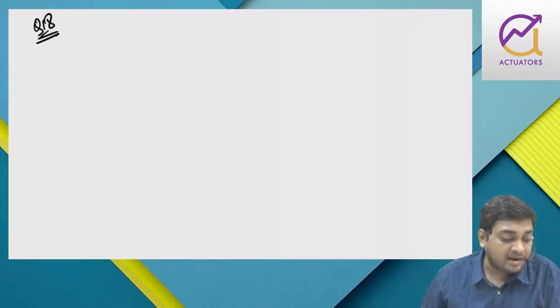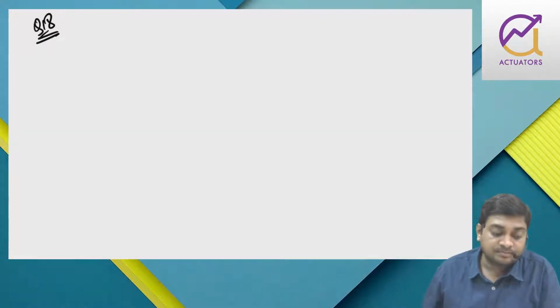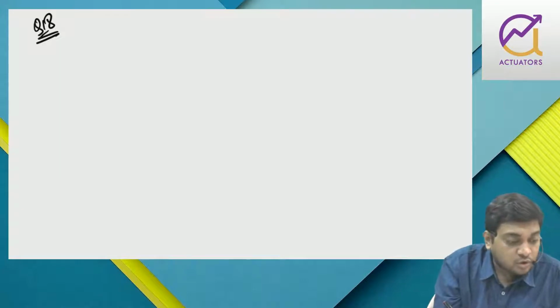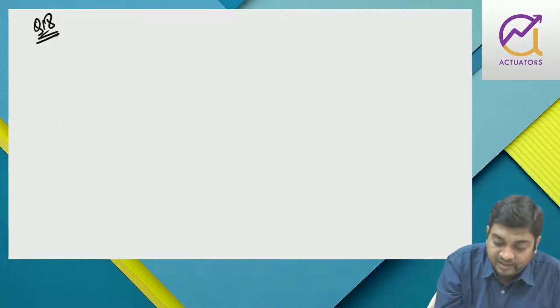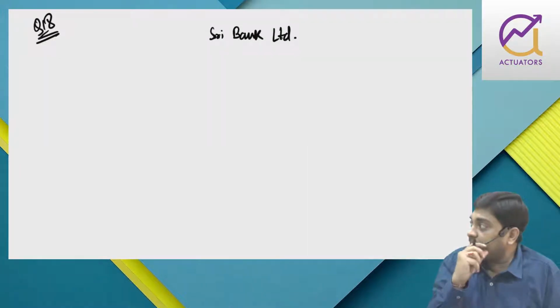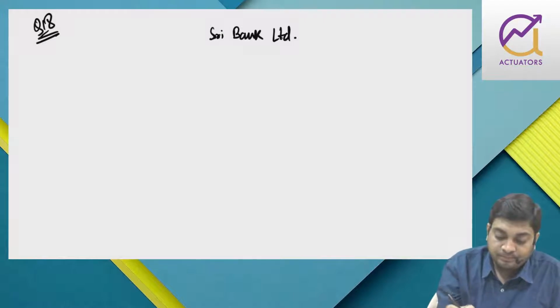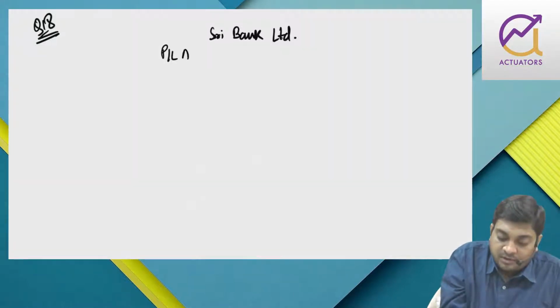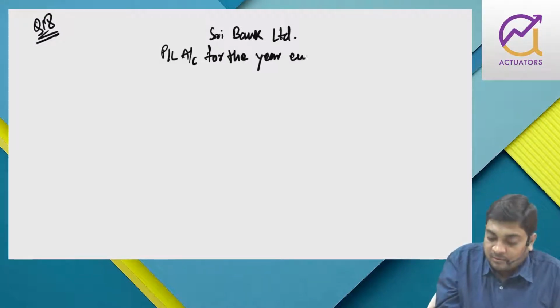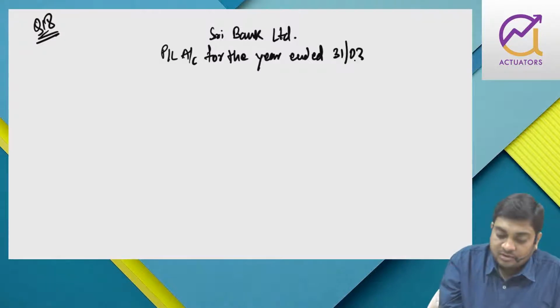Here we have to draw the full PL format. Right? Okay. So it is Shri Bank Limited, profit and loss account for the year ended 31st March.